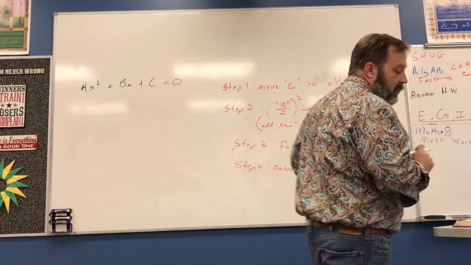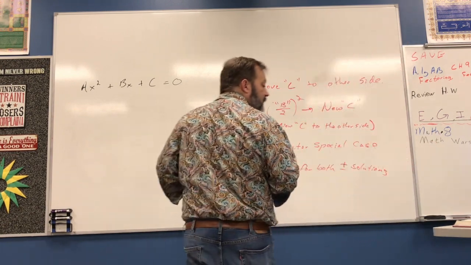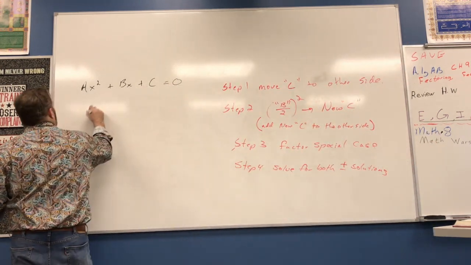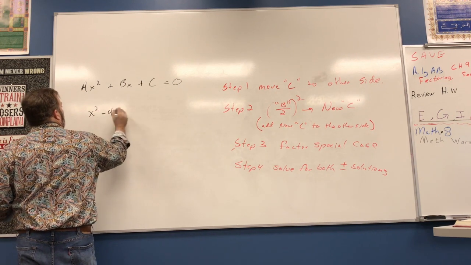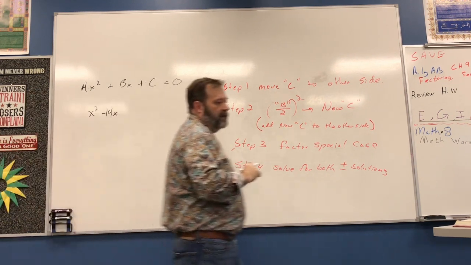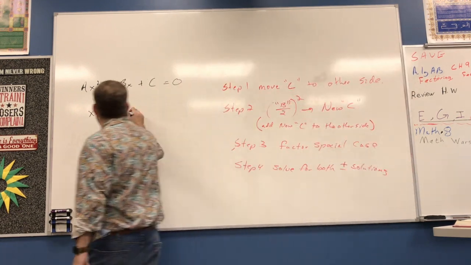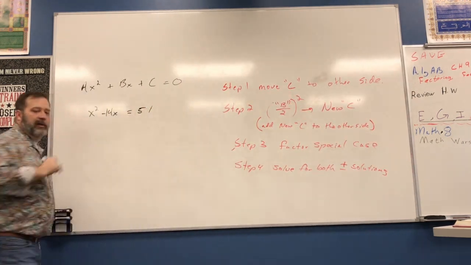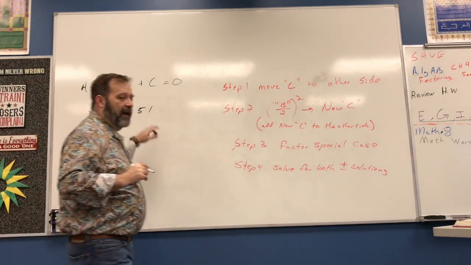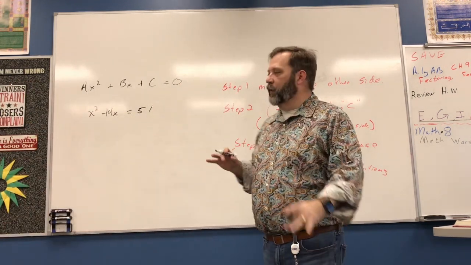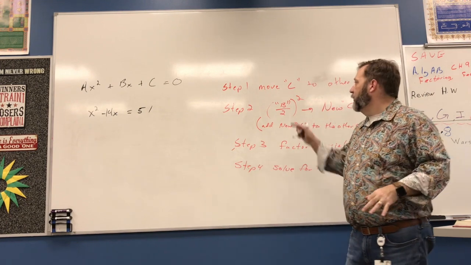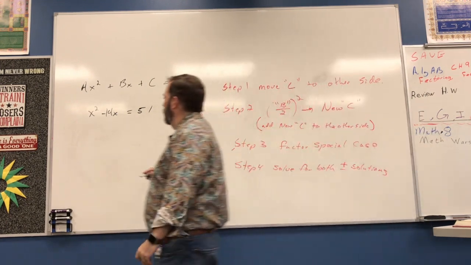Okay, so let's take a look at x squared minus 14x equals 51. Now, in this particular problem, they already have 51 moved to the other side. Perfectly fine. It just allows us to skip step number 1. It's already done for us.